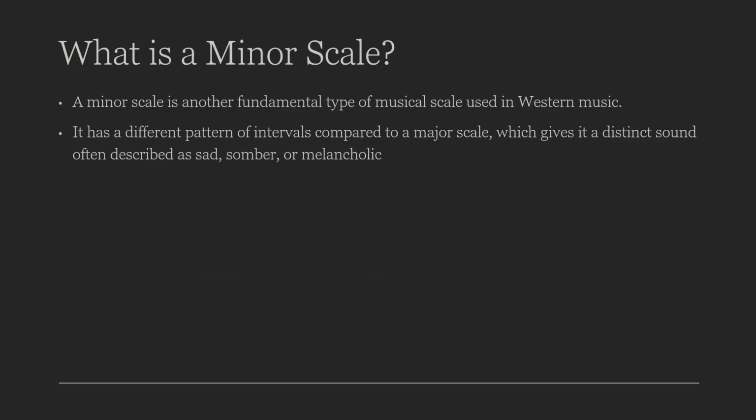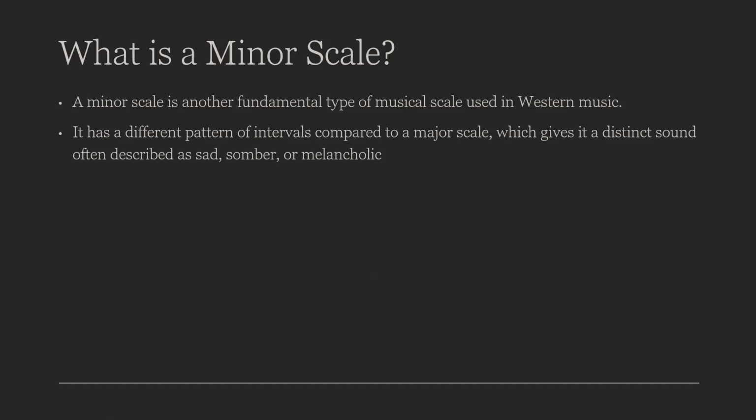The pattern of intervals in a major scale is tone, tone, semitone, tone, tone, tone, semitone. But in minor, it is an entirely different pattern, which gives a distinct sound, often described as sad, sober or melancholic.